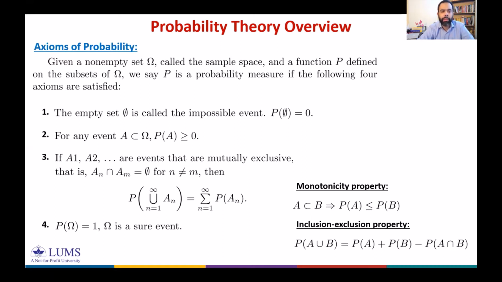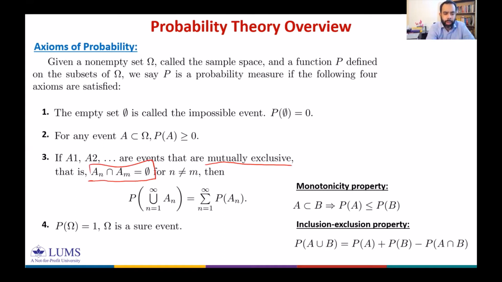If we have A1, A2, and so on, and the events are mutually exclusive, what do we mean by mutually exclusive events? That they are not sharing any value, so the intersection is an empty set.